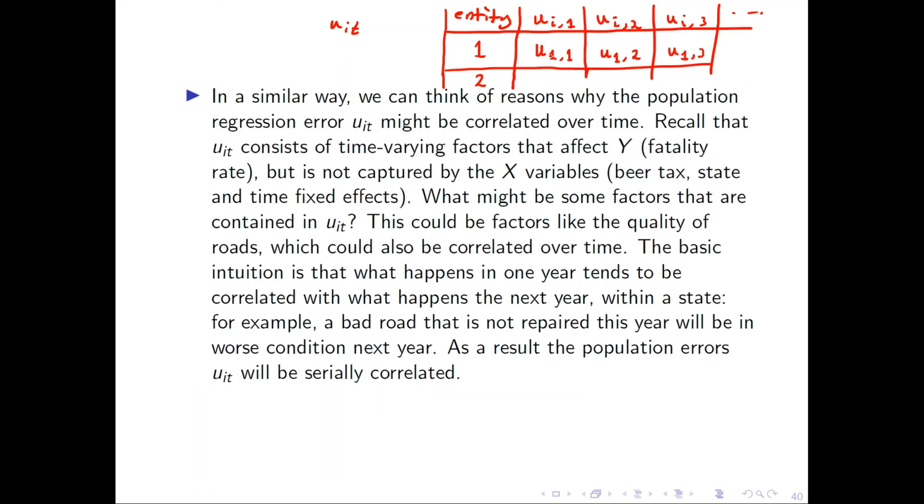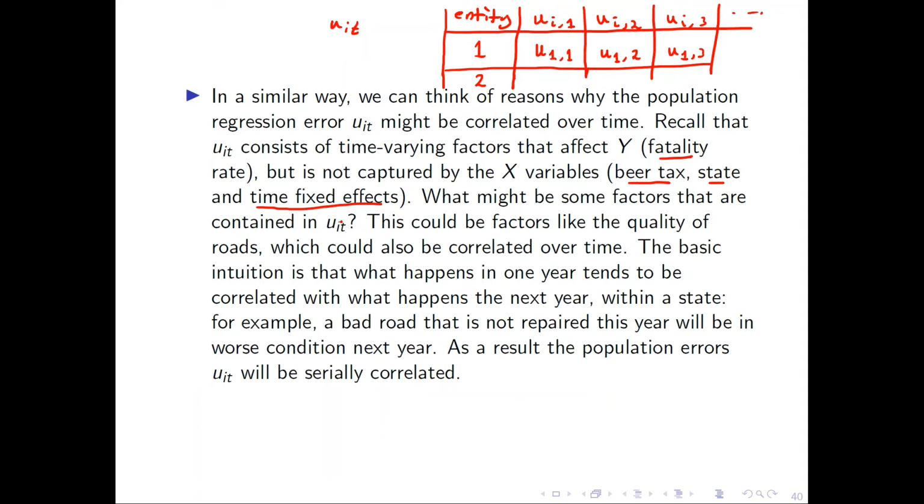So we might have correlated errors in our model. If we follow our example, our y variable is the fatality rate, and we try to explain the fatality rate by looking at the beer tax, one of the x variables, and we have created some other x variables, which are the state and time fixed effects.